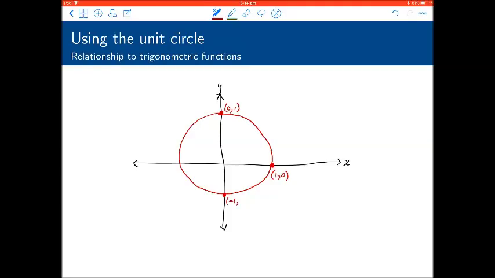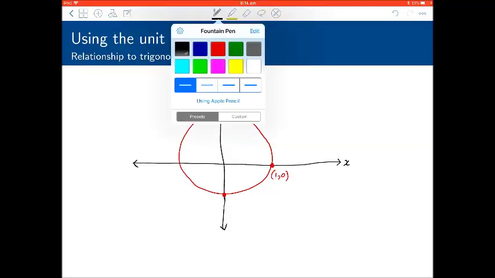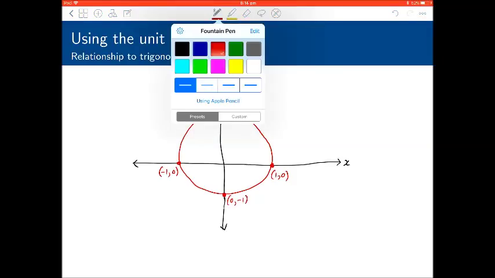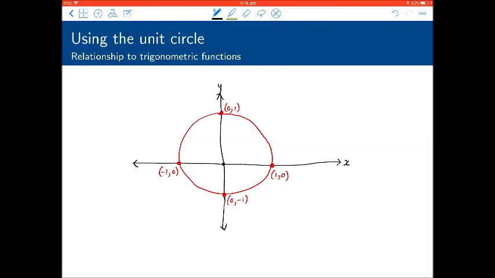At this point, x is equal to 0, y is equal to negative 1, and at this point x is equal to negative 1, y is equal to 0. I know this doesn't quite look like it, but just imagine that this is a circle of radius 1 centered at the point x equals 0.